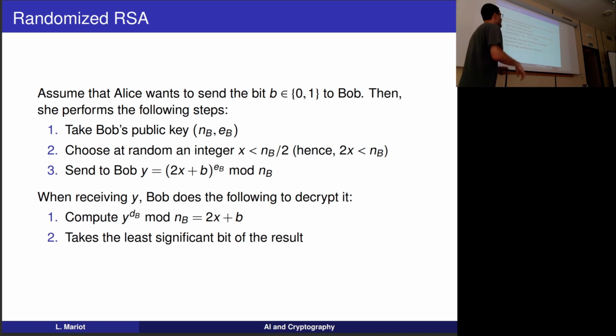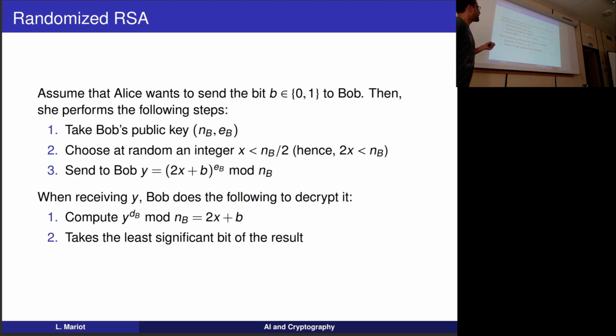So what does it mean? It means that if we multiply x by 2, this will be smaller than the RSA modulus of Bob. And at this point, she will send this ciphertext to Bob.